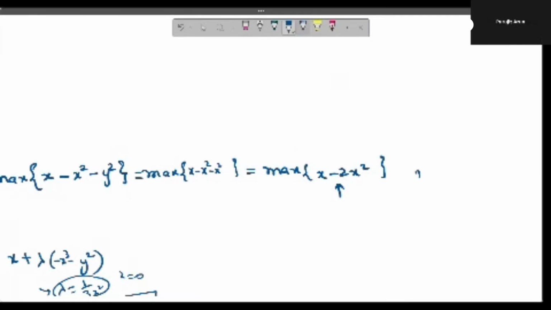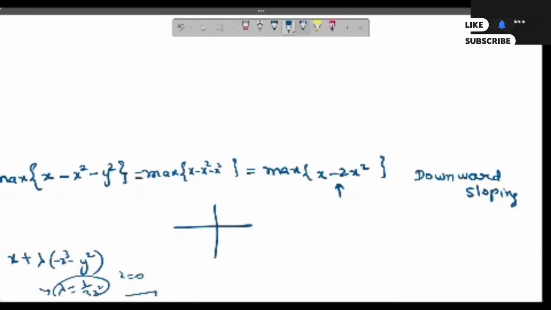Downwards. A is minus 2. Correct. Because it is downward sloping, where will it have its maxima? Vertex. For a downward parabola the maximum is at the vertex; for an upward parabola it is at the end points.